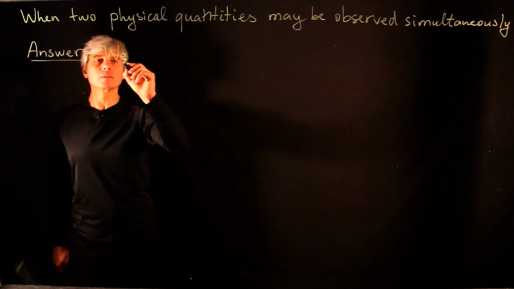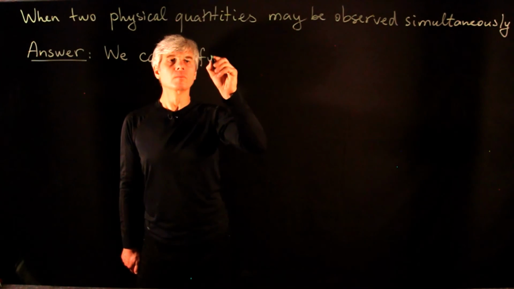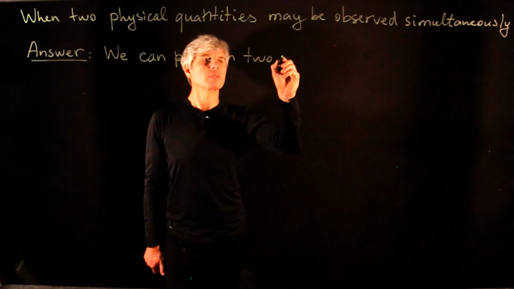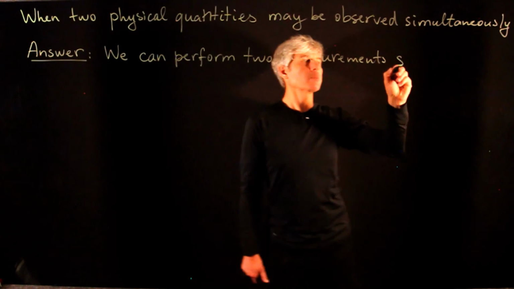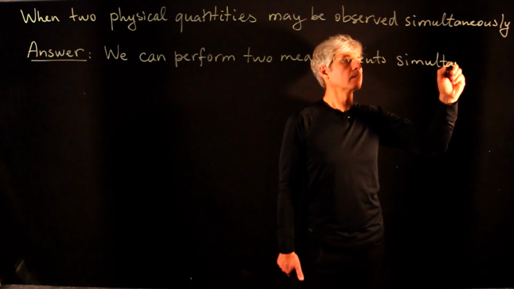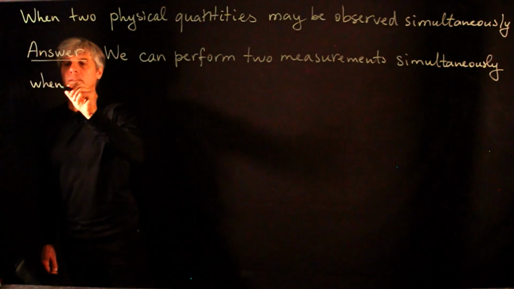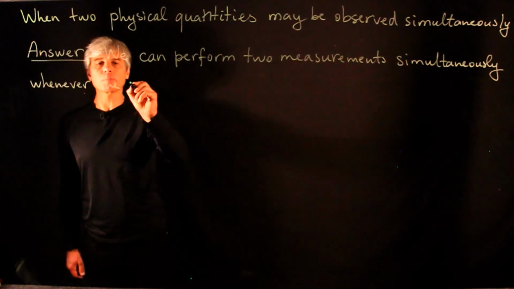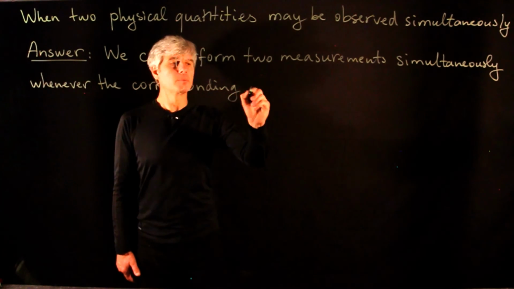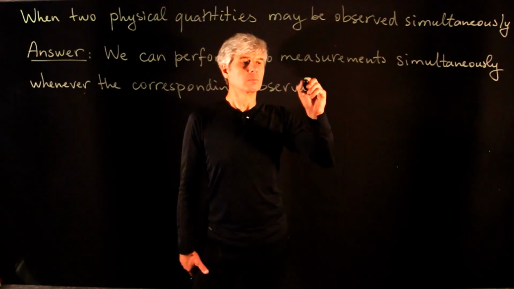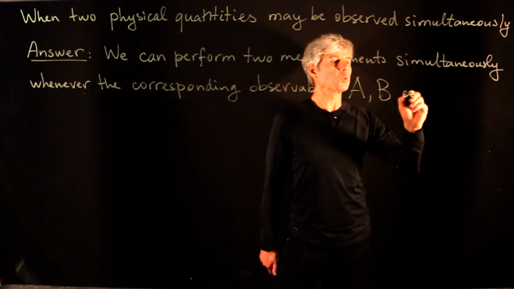so we can measure, so we can perform two measurements simultaneously whenever the corresponding observables A and B commute.